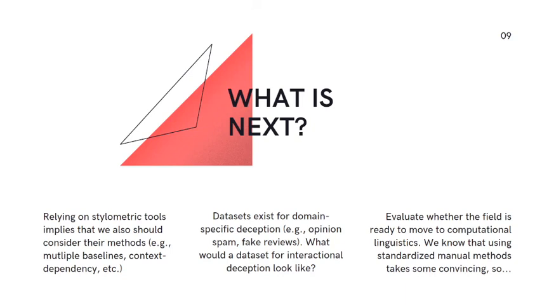And the last aspect is to, as I said, evaluate if the field, if practitioners are ready to move to computational linguistics. We know that sometimes standardized manual methods such as reality monitoring or the SVA take some convincing. So computational linguistics might be maybe easier to implement or harder to implement. So this is an open question.